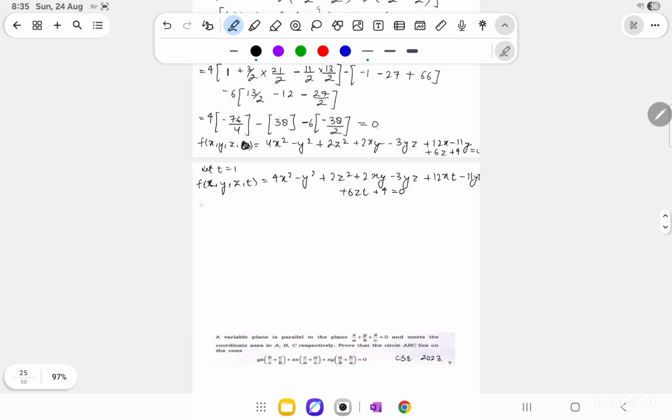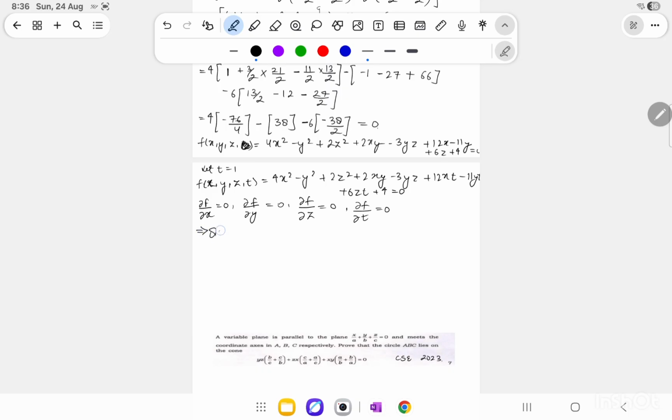And we know that the vertex of a cone can be found by simultaneously solving the partial differential equations ∂f/∂x = 0, ∂f/∂y = 0, ∂f/∂z = 0 and ∂f/∂t = 0. So let us see what we got after solving this.